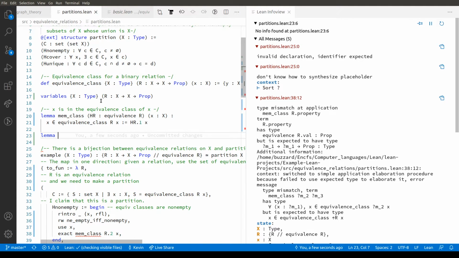Here's a lemma. It says that if an equivalence class is a subset of another equivalence class. No, what does it say? This is what we need. We need that if x is related to y, we need this, don't we?